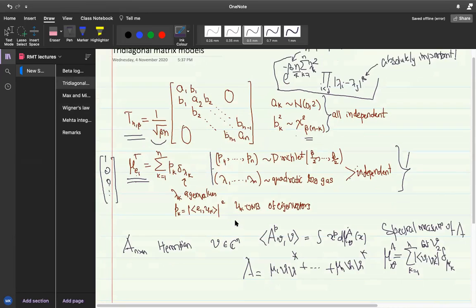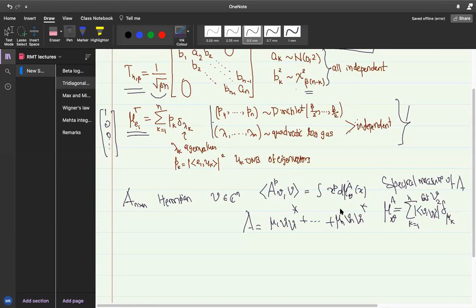The spectral measure of T at any vector v is the measure whose pth moment is v inner product T to the p times v. In other words, the spectral measure is supported on the eigenvalues, with masses given by the squared norms of the projection of v onto the eigenvectors vk. Those are the weights of this measure.